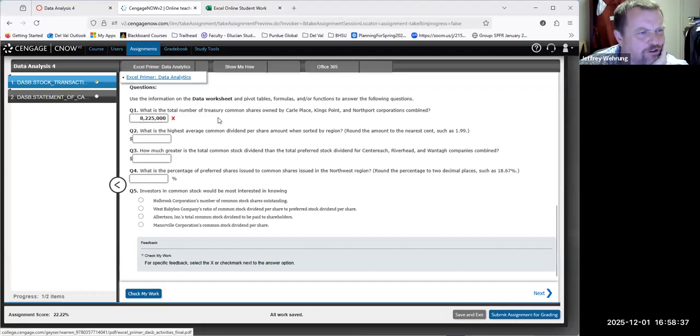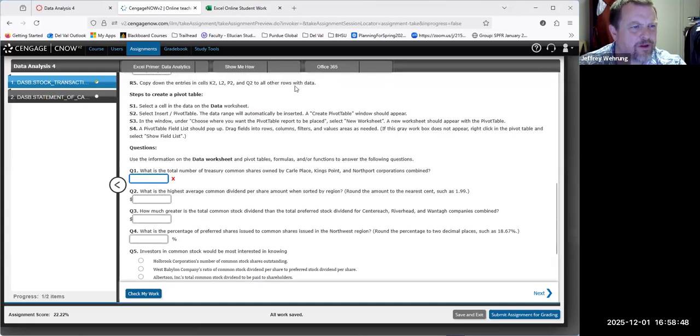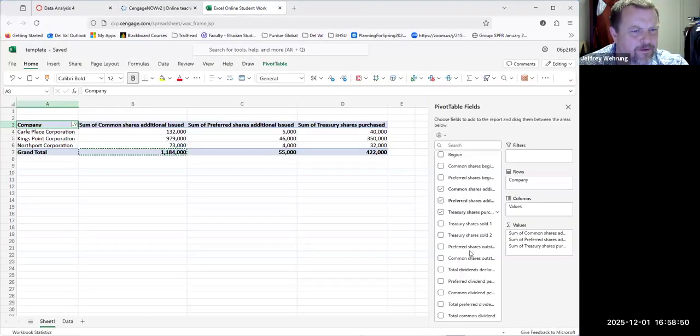There's a total number of treasury common shares owned by those three combined. Treasury common shares. It's just so interesting. Okay. So because we have the treasury shares purchased, right? And then there's the treasury shares sold.